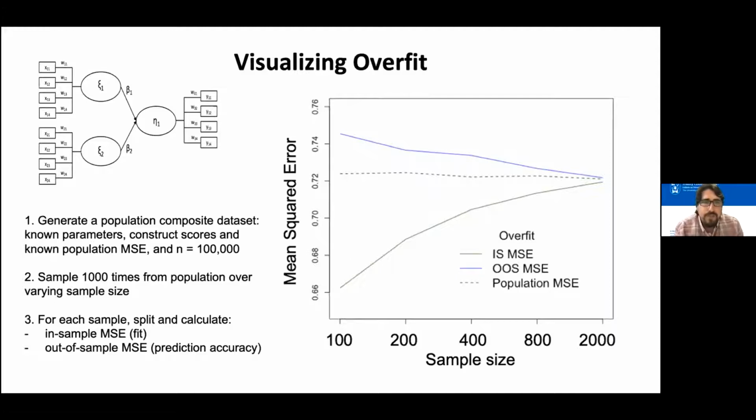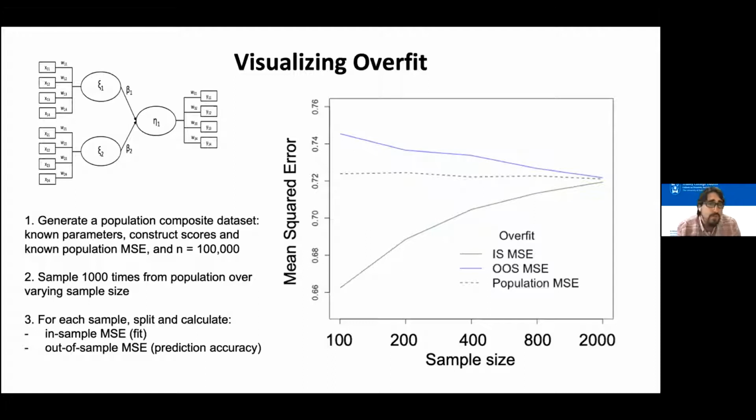Now I'm going to talk a bit about mean squared error and what you can think of it as, especially in this context where the construct scores are standardized. Mean squared error can be seen as the variance unexplained, where R squared is often described as the variance explained. So mean squared error is the variance of the error, the predictive error.